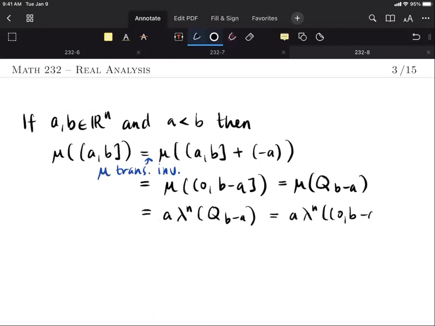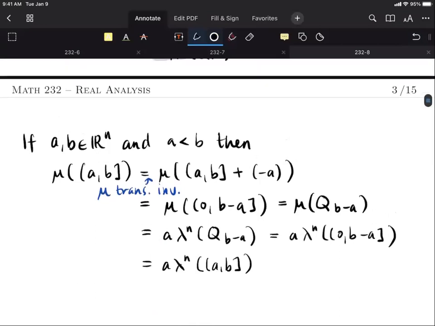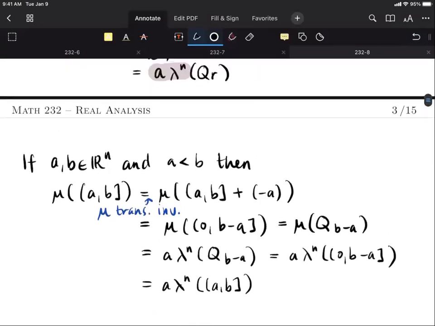And writing back the definition of Q_{b-a}, this is equal to a lambda_n.